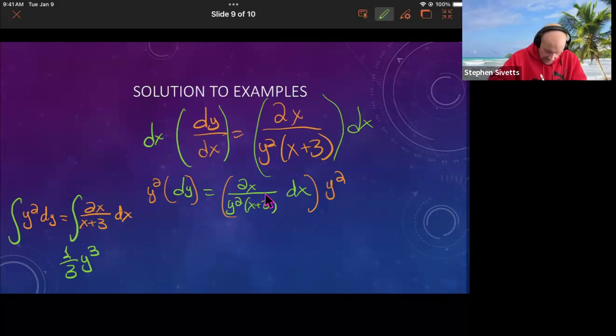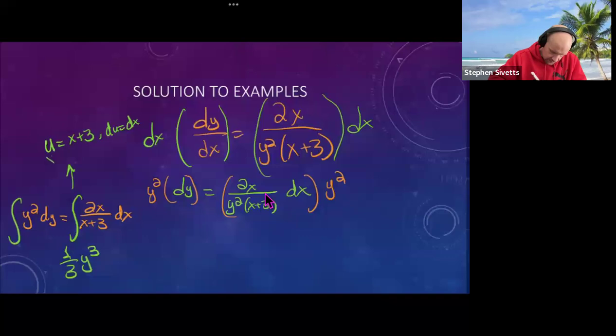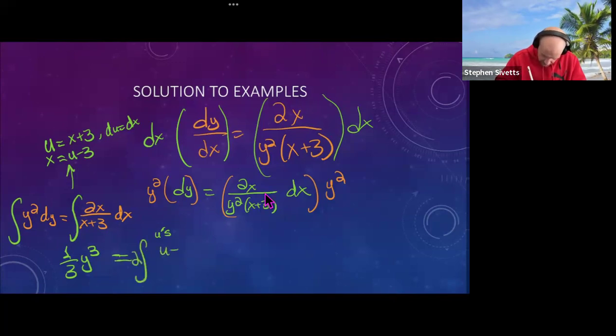This right-hand side, this will use a u sub. So if I use u equal to x plus 3, du is equal to just dx, right? And so what that means is if u is equal to x plus 3, then x is equal to u minus 3. And so on the right-hand side, in terms of u's, we'll have the integral of 2 times u minus 3 over u times du, right?